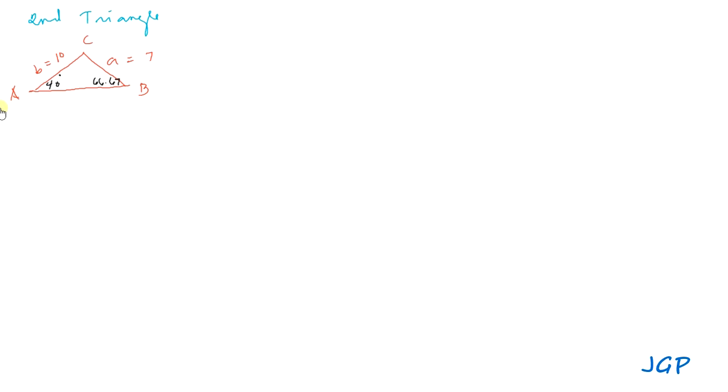To get the second triangle, we will create an isosceles triangle. If that is an isosceles triangle, meaning these two sides are equal. So, when this is 7, automatically this side becomes 7 also. And if this is 66.67 degrees, automatically this angle becomes 66.67 also.